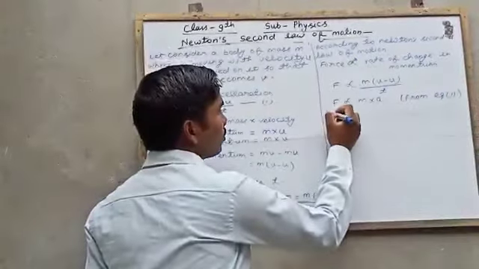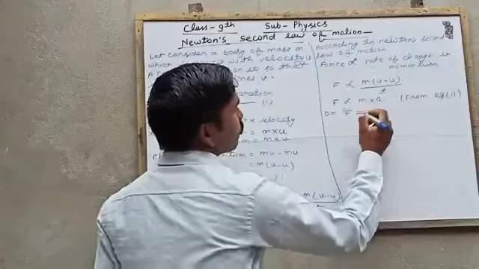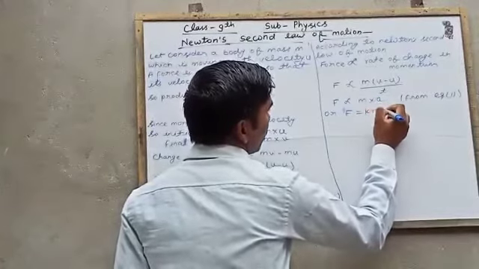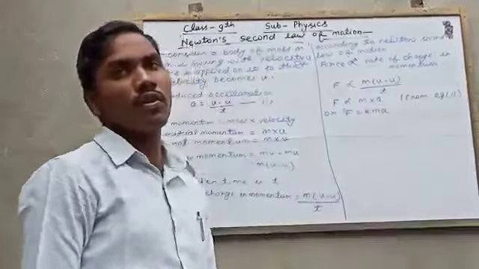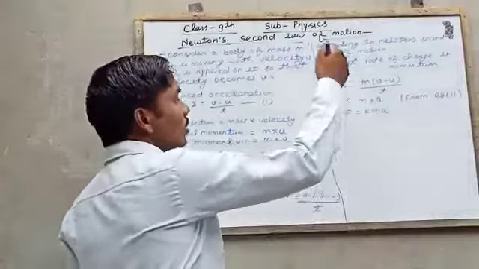Or F is equal to k m a, where k is the proportionality constant.